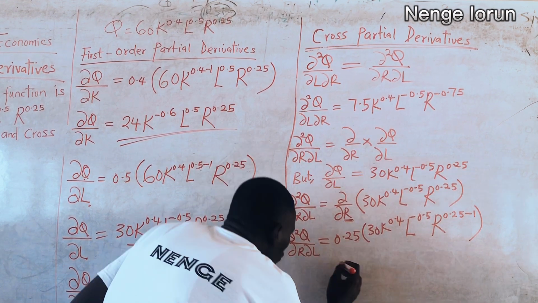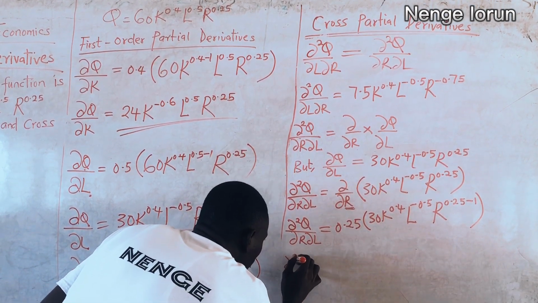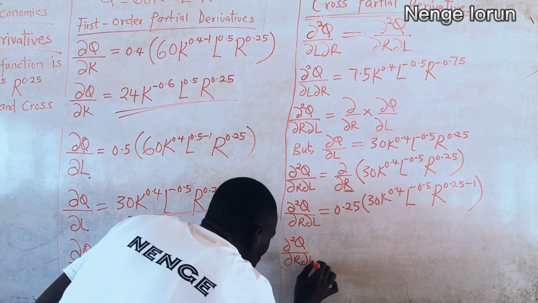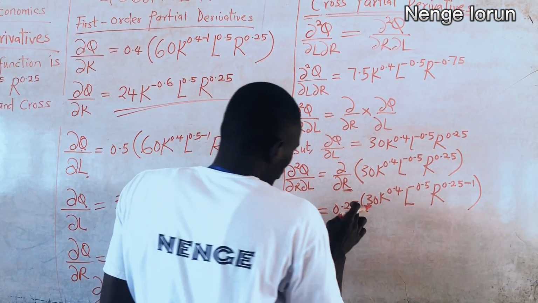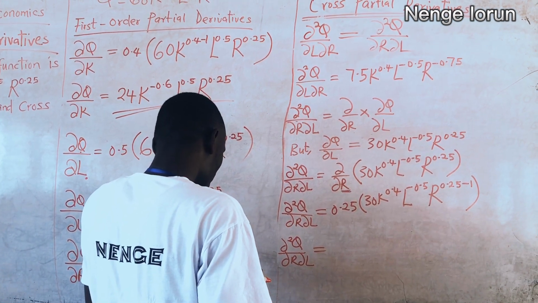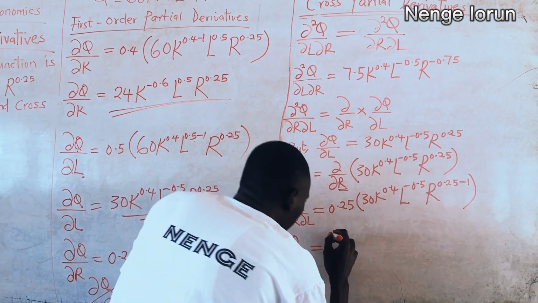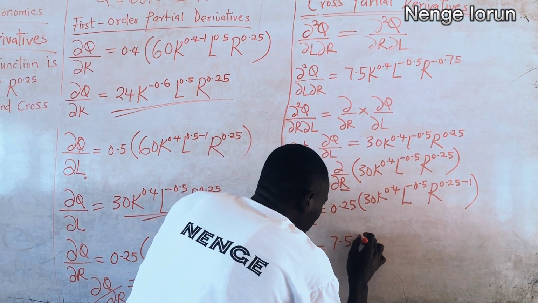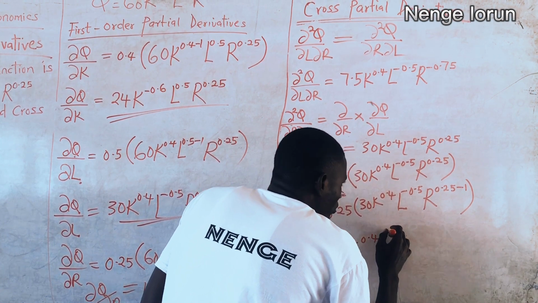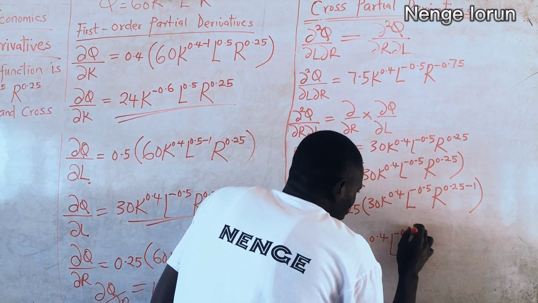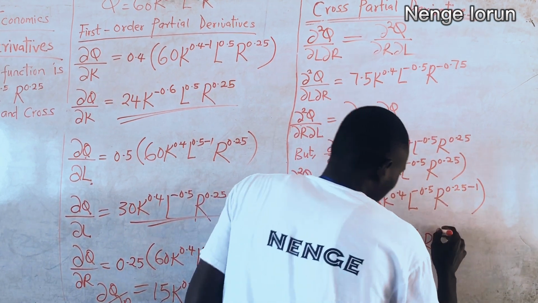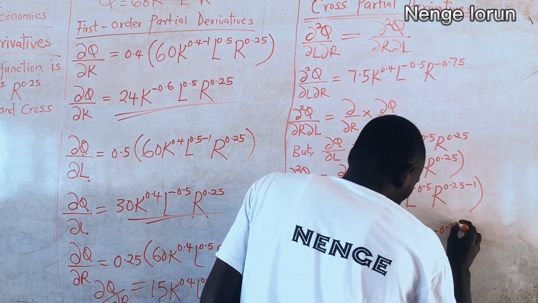So now you have the cross-partial derivative of q with respect to r with respect to L will be equal to 0.25 times 30, you will have 7.5 k raised to the power of 0.4 L raised to the power of negative 0.5 r. 0.25 minus 1 is negative 0.75.